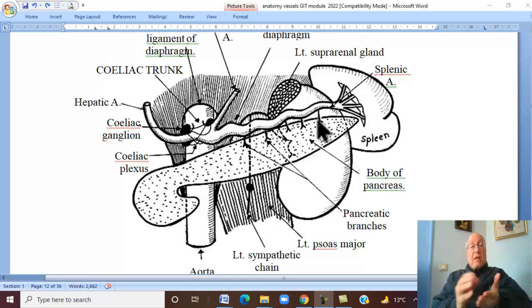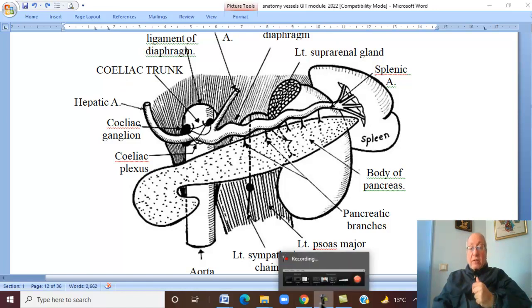And finally, it supplies the spleen by splenic artery and the liver by hepatic artery. This is the arterial supply of the foregut. Thank you for good listening and good luck.